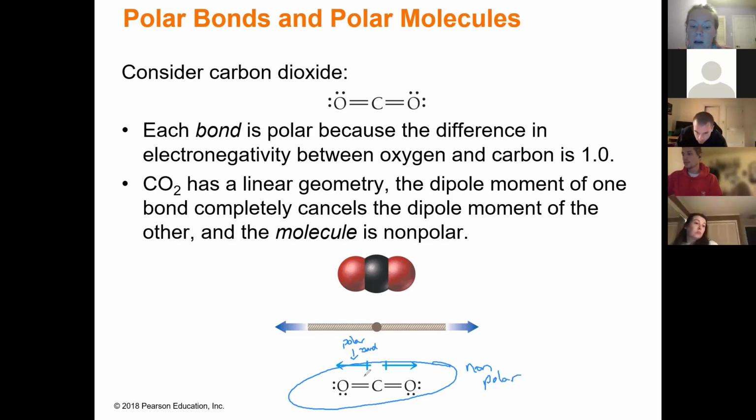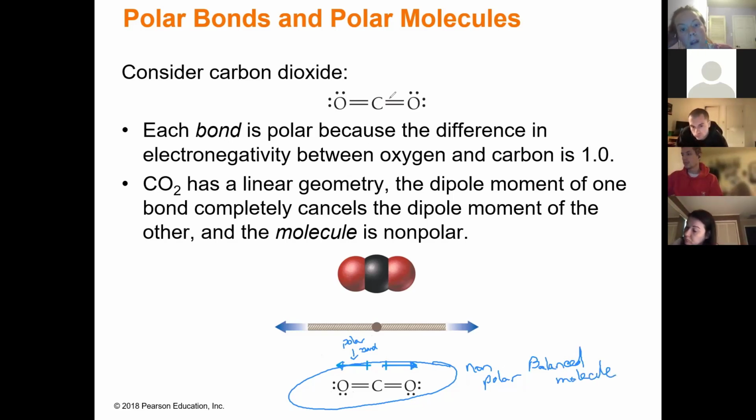Well, because we've got a tug of war where the electrons on this side are pulling to the left and the electrons on this side are pulling to the right, and the pull is equal and opposite. So the molecule remains balanced. Anytime you have something that's balanced, it's nonpolar. A balanced molecule is going to be something that's nonpolar.